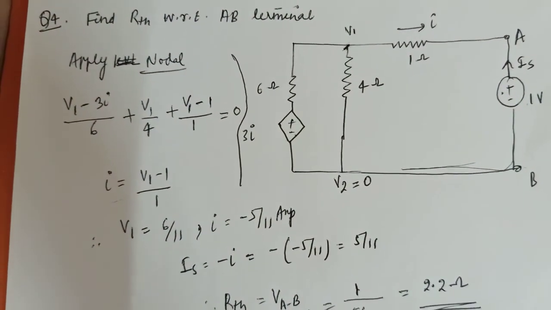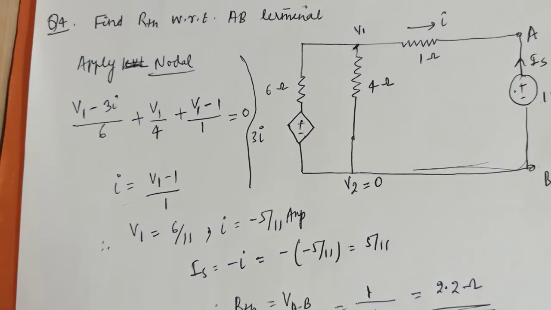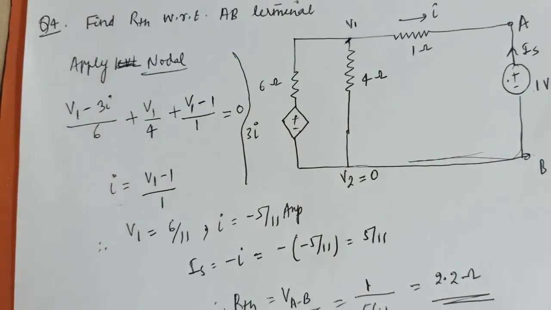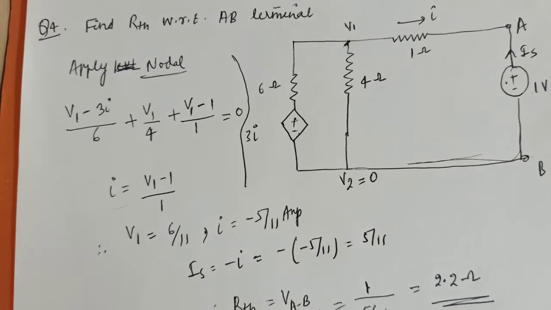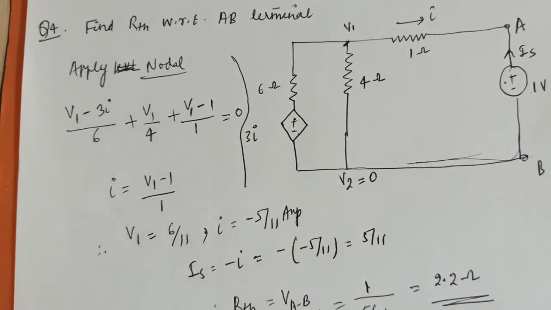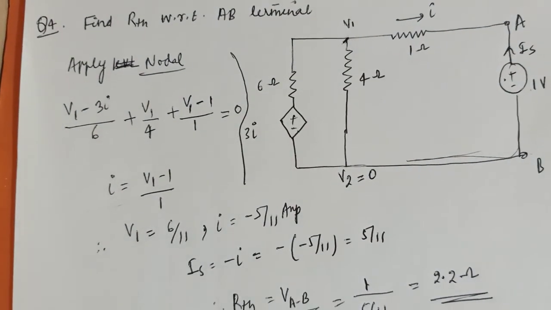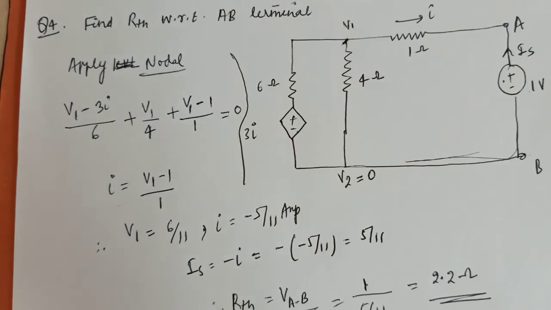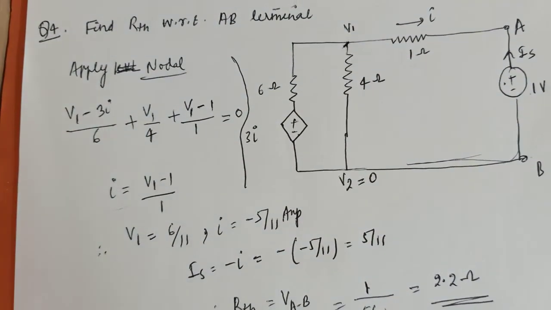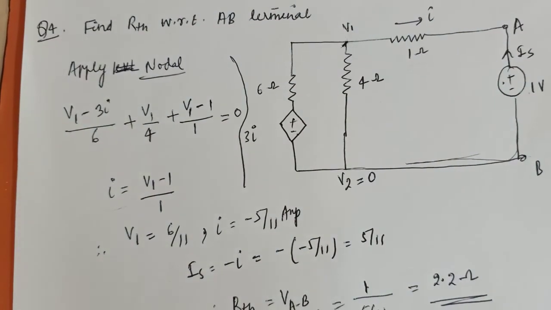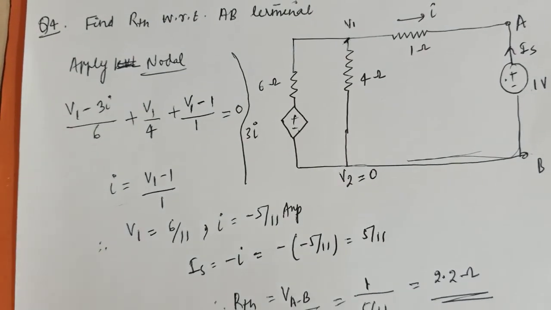And for RThevenin, if dependent and independent both sources are there, then replace the independent voltage sources with short circuit and current sources with open circuit, assume a 1 ampere current source or 1 volt voltage source across the AB terminal, find the current, and your RThevenin will be the assumed voltage divided by the current. Or if you have assumed the current source, then find the voltage across the AB terminal, and the voltage across the AB terminal divided by the assumed current will be your RThevenin.